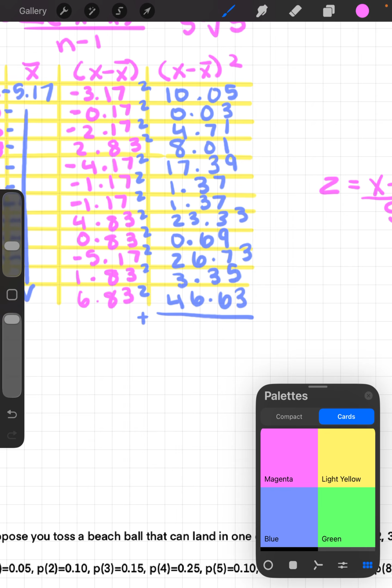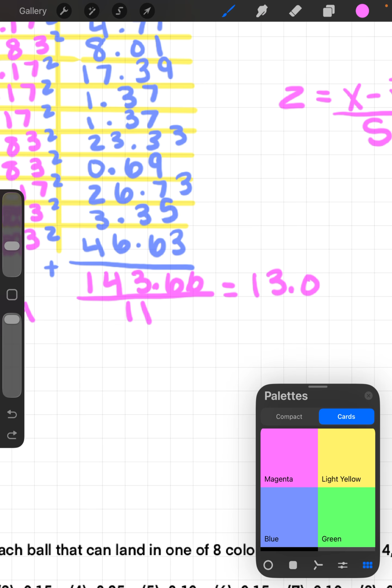And when you add it all up, it should be 143.66. And we're going to divide it by our n minus 1, which is 11. And you should get 13.06.